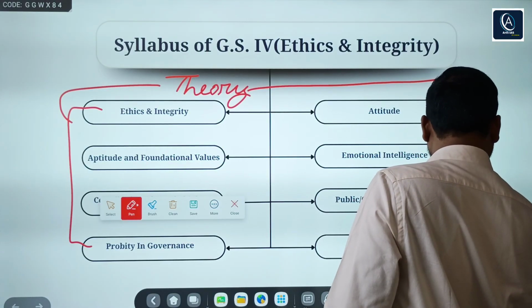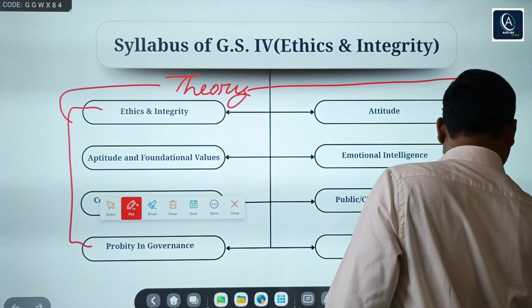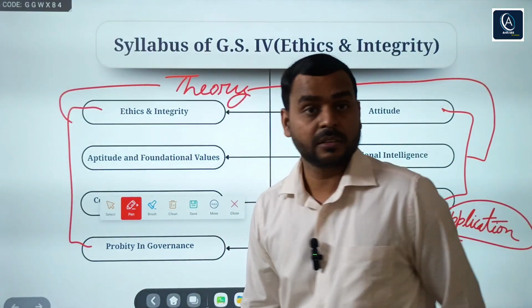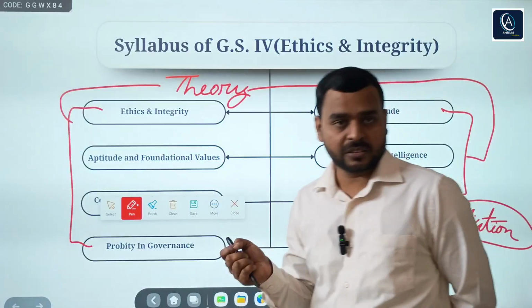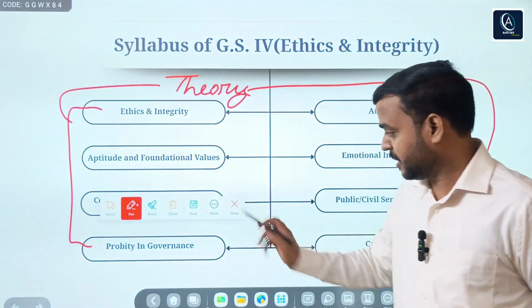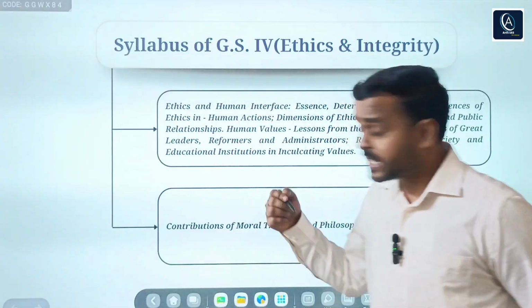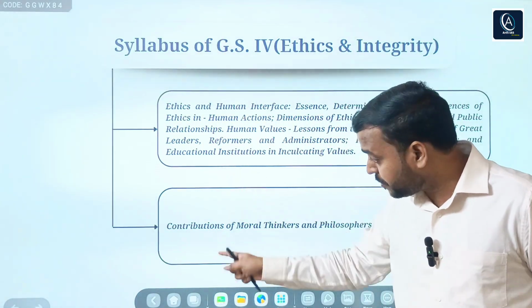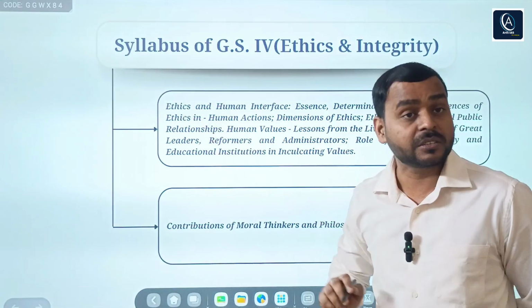Now, how should you start? From which topic should you start? As I said, you need to integrate certain topics. So, integrate these 2 topics and start from this topic.